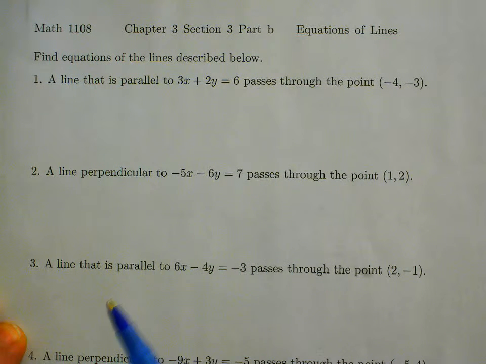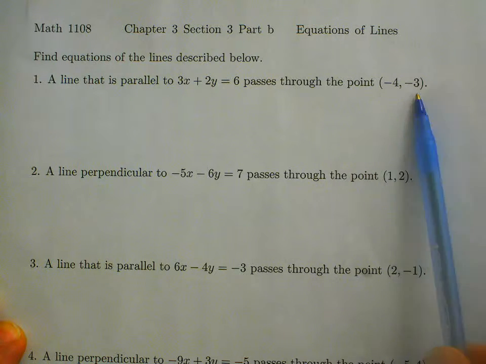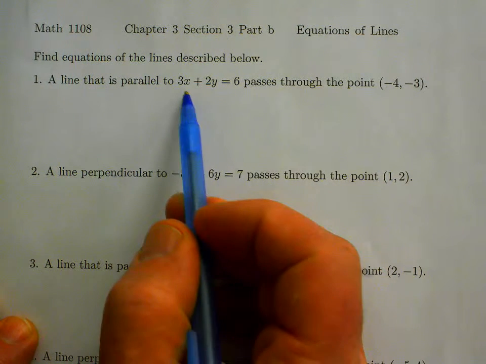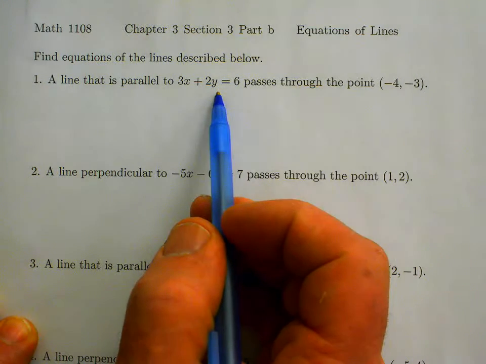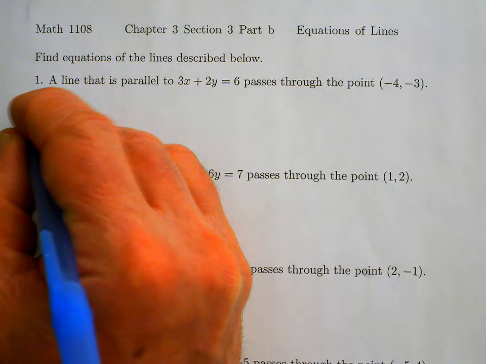And then whatever the slope of that line is going to be the same as the slope of the new line that passes through -4, -3. Okay, so we can rewrite the given equation so that it's in slope-intercept form. So let's go ahead and do that.